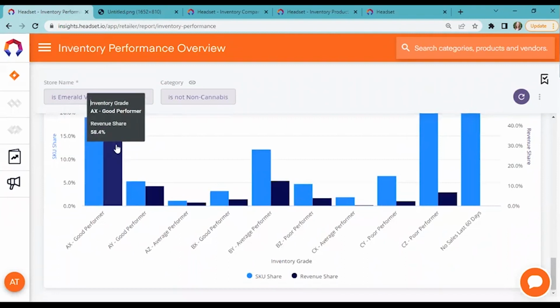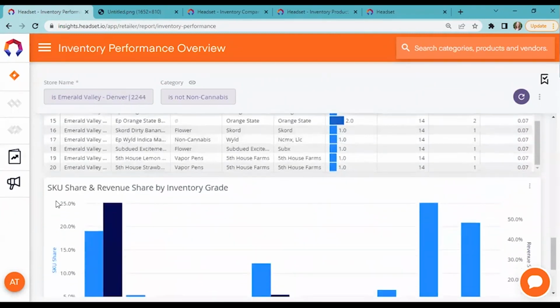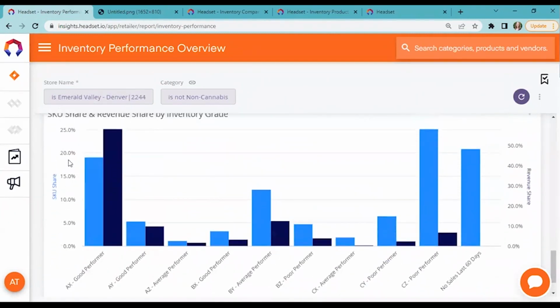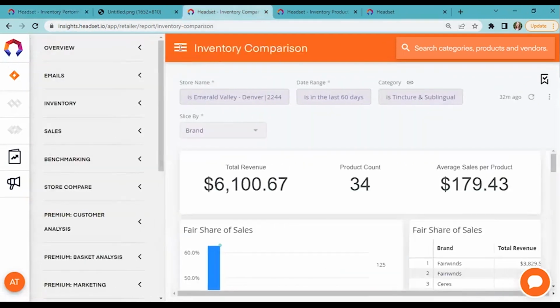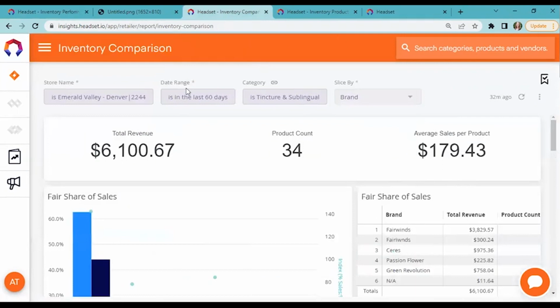One thing, so we have this matrix here, and then the next thing that we can do after we get a good handle on the overview is jumping into inventory comparison. So inventory comparison is going to give you a good idea of how your products within one category are really functioning, and let's pair out the poor performers versus the really good performers and focus on those.